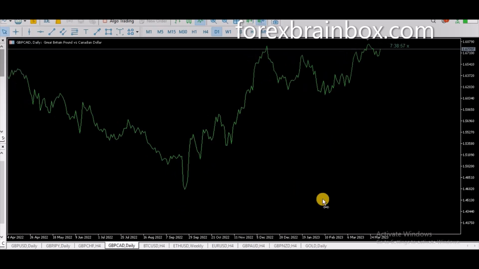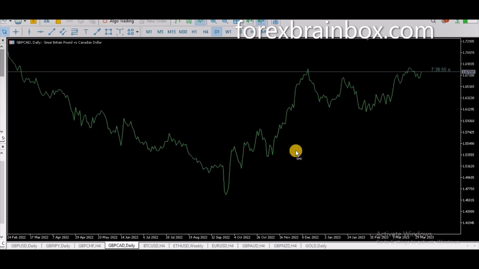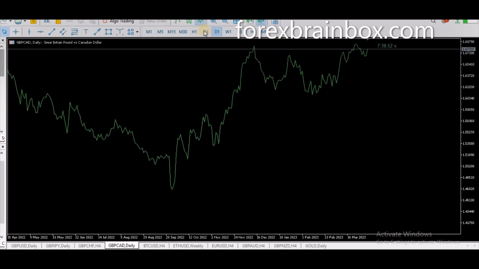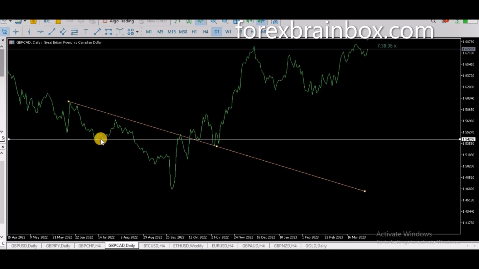Let's try GBP CAD. I think I'll look for one. Okay, there's one here. You can see just another breakout strategy on the trend line. And you can add your horizontal line right here.